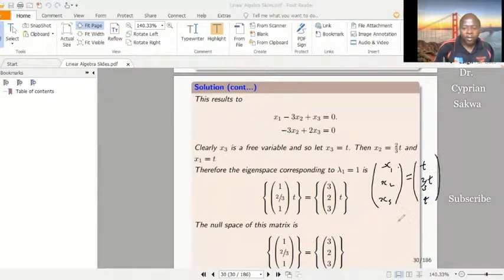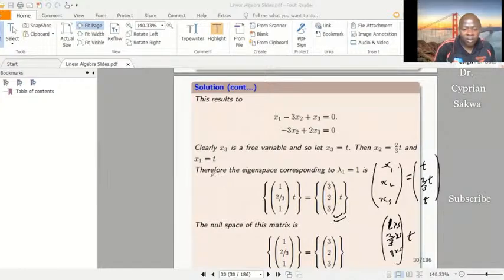But you can also factor t out to have 1, 2 over 3, 1, with t outside. You can also remove this fraction by multiplying the entire thing by 3, and when you do that, you get 3, 2, 3. And that's what you see.